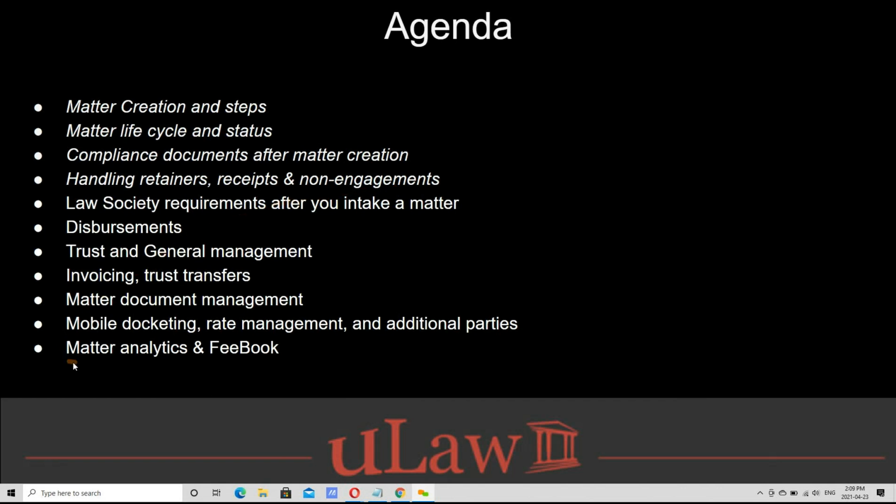Okay. We certainly will talk about mobile docketing and the tools and technologies that you have in today's day and context. And this is something that's been available with uLaw, and I'm sure it's available with other legal accounting softwares or other practice management softwares. They become very important pre-COVID and post-COVID. Even though we're at home, we're very much in front of devices.